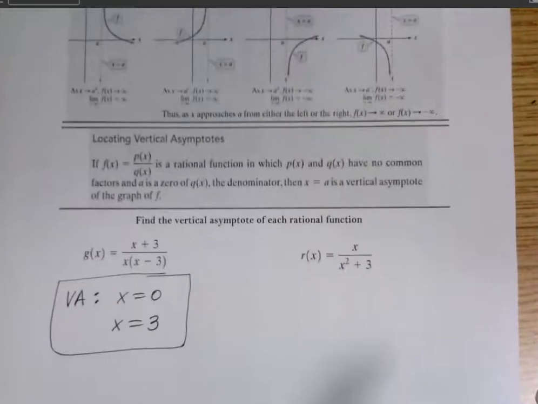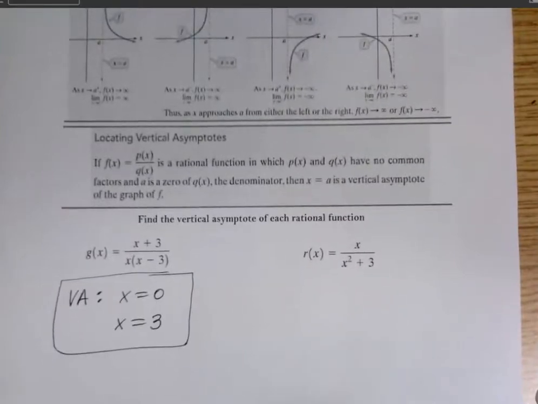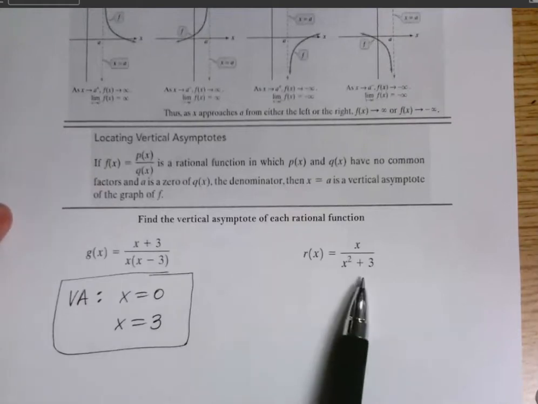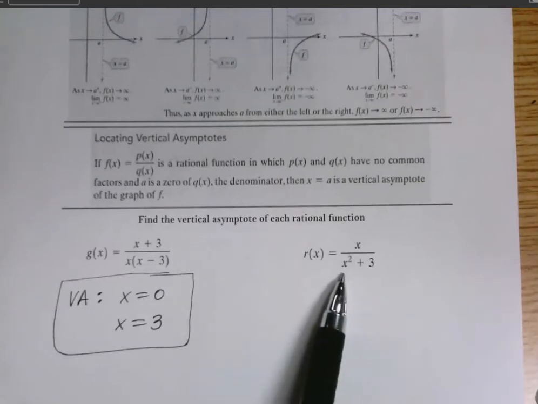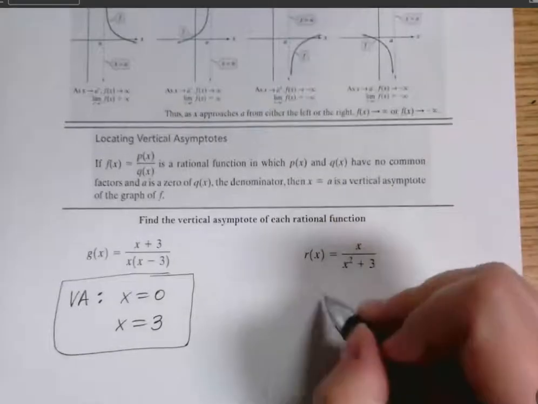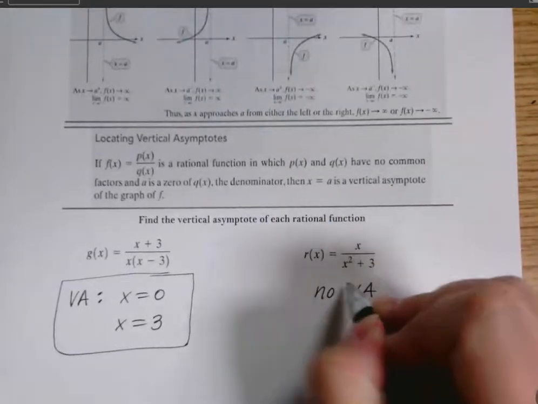You can't see imaginary numbers on a graph, unless you're talking about the complex plane, but we're talking about graphing a rational function, so we're talking about graphs of everything. On the standard coordinate plane, you're not going to see any imaginary numbers. So I would just say this has no vertical asymptotes.